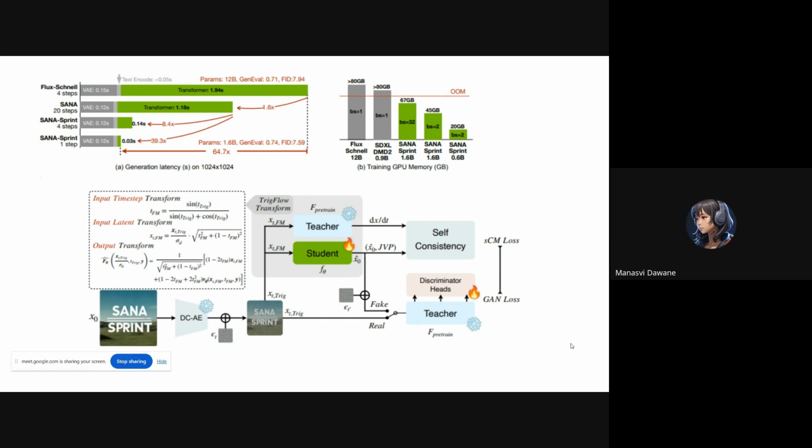Second is the GAN loss function. In this, Xt trig is the noisy latent, and the student generates X0, which, if it is fake, is labeled as fake. The real image is labeled as real, and there is a discriminator head, which is trainable.